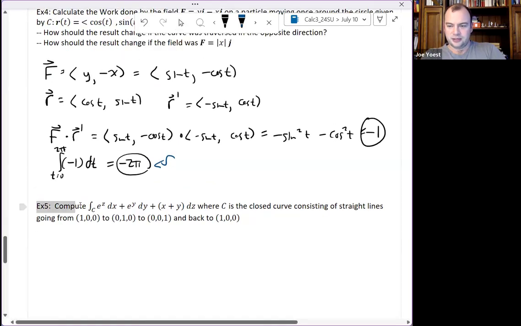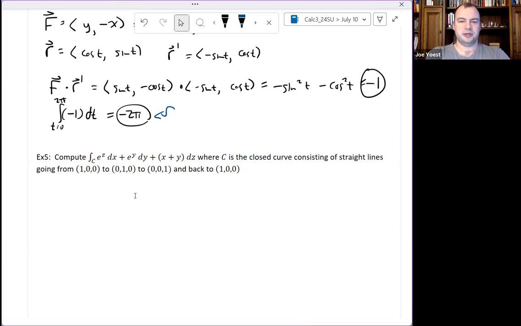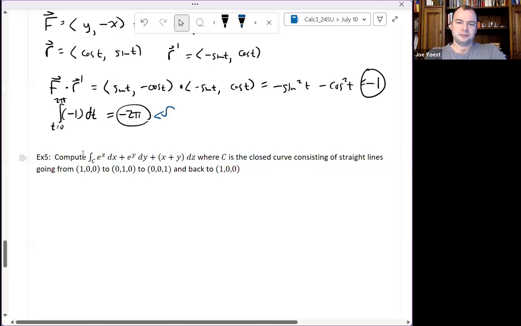Okay, so let's look at another example, example 5 here. Here we're looking to compute a line integral. But note that here it's written in a different form. It's written in differential form.